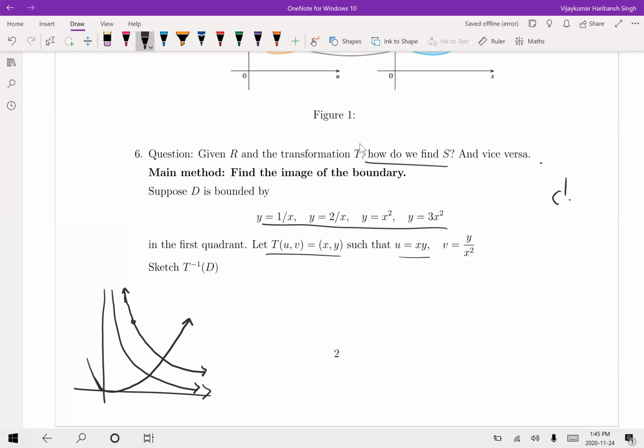And we have 3x squared. So this is our region D. Let's color this up.